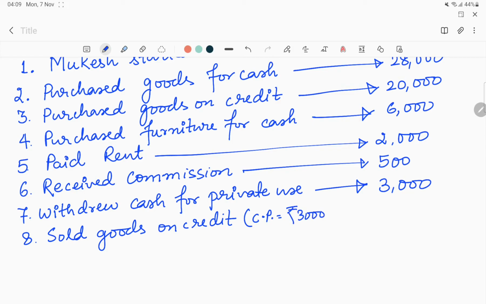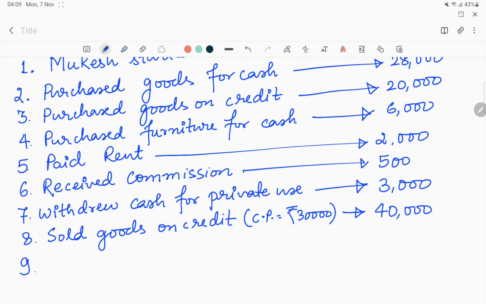You have to keep in mind that he purchased such goods at the cost of 30,000, but he is selling them at the rate of 40,000. So in this transaction, he is obviously getting a profit of 10,000 rupees. So while preparing the balance sheet, you have to keep this in mind, and while writing the accounting equation also.